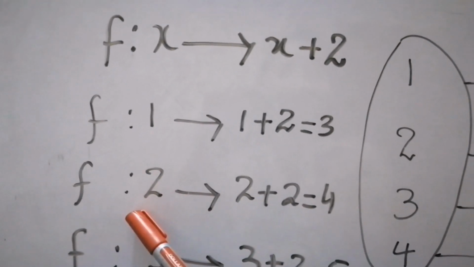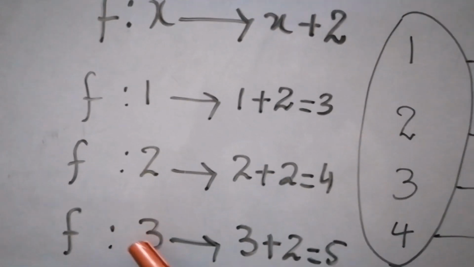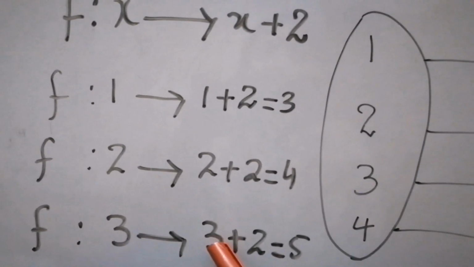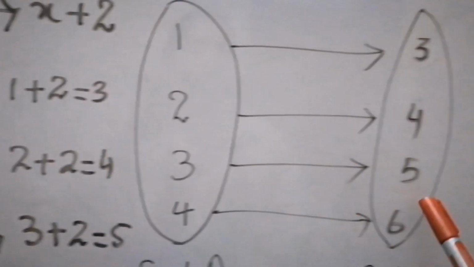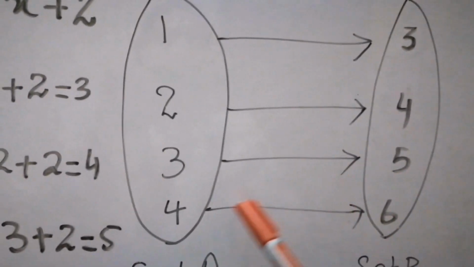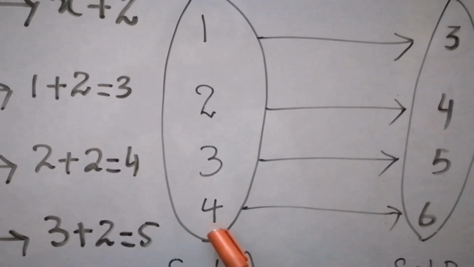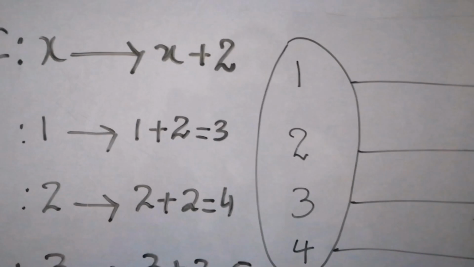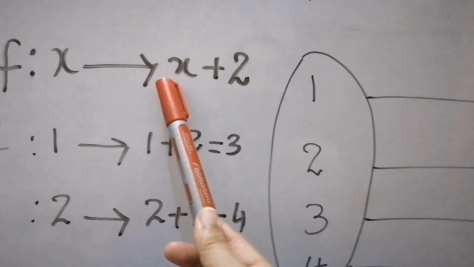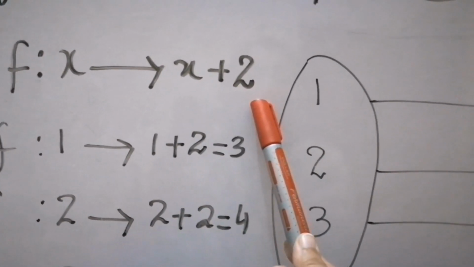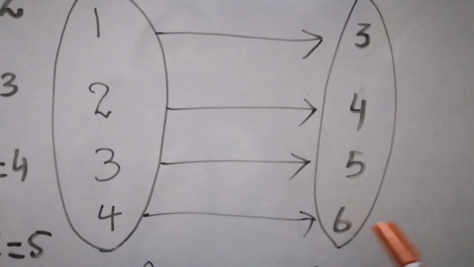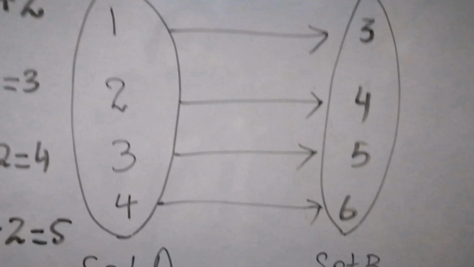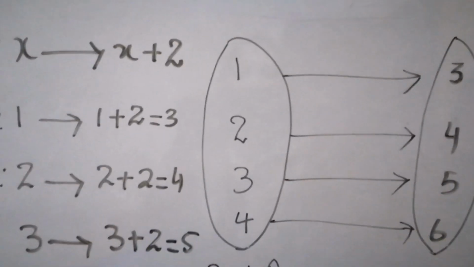Again putting the value of x as 3, we will get the next value 3 plus 2, 5. Similarly, we can also find the value for 4 by putting the value of x as 4 in the given expression. We will get the value of y, that is set B, 6. I hope now you understand the meaning of function.